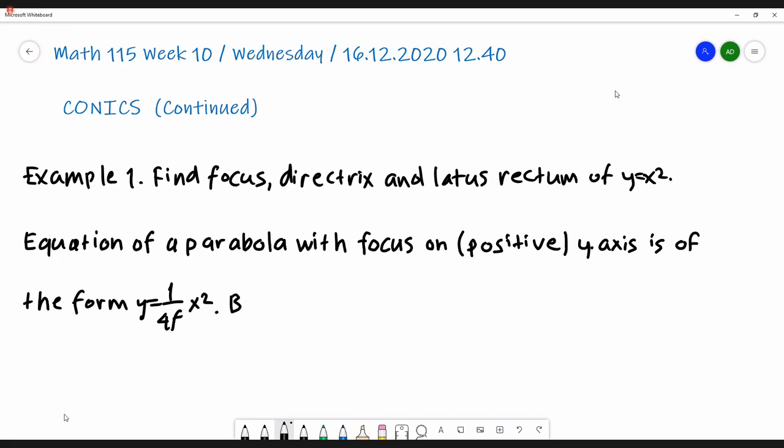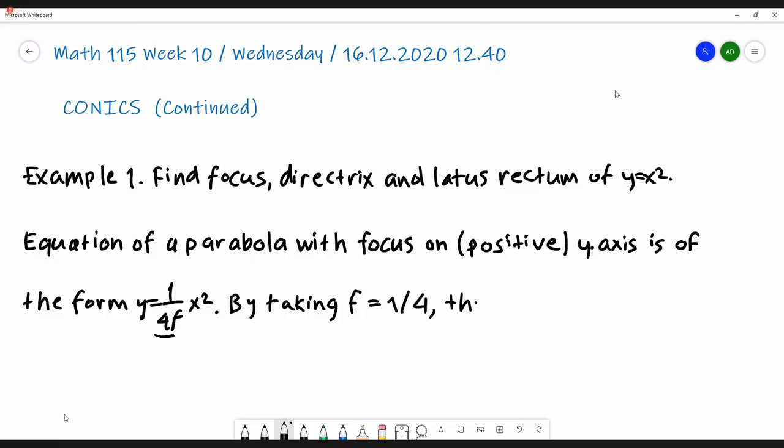Now in this equation, we wish to set the coefficient equal to 1, but this means that 4f has to be equal to 1, which means that f has to be chosen as 1 over 4.